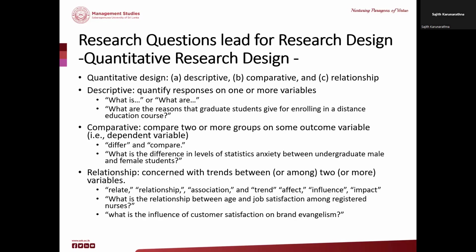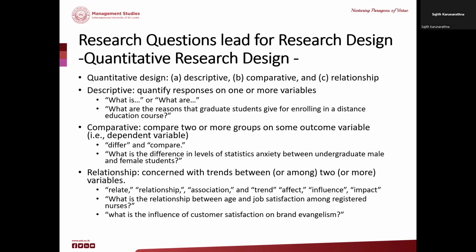And your questions can be comparative as well. In the comparative designs, you are comparing two or more groups on some outcome variable. Outcome variable, that is the dependent variable. Here you use terminologies such as differ, compare, and so on. For example, what is the difference in levels of statistics anxiety between undergraduate male and female students?